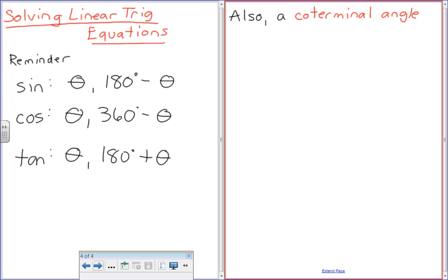What was a coterminal angle? Sort of. Yes, sort of. I'm looking for something else, though. I know what you're saying. You're talking about these things, right? Those aren't quite coterminal, though. That's what we're doing over there. What was a coterminal?